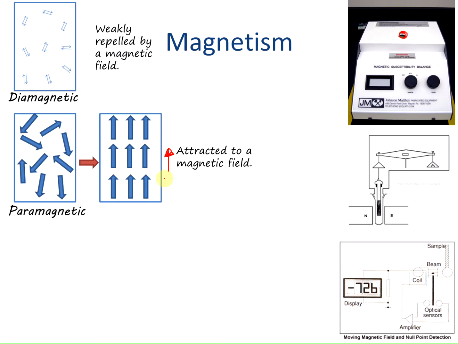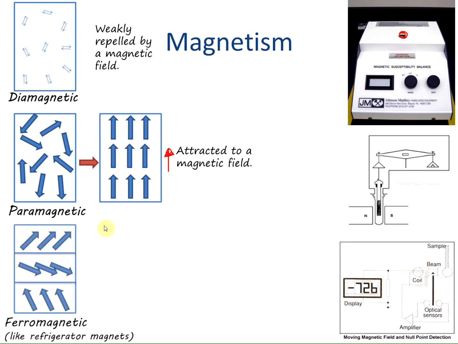Now there's another type of magnetism called ferromagnetic. This is things like your refrigerator magnets. Things that you think of as being magnets are ferromagnetic materials. Ferromagnetic materials have regions. So this is a sample, and in the different regions you have different atoms with unpaired electrons, and within the region they all line up together.